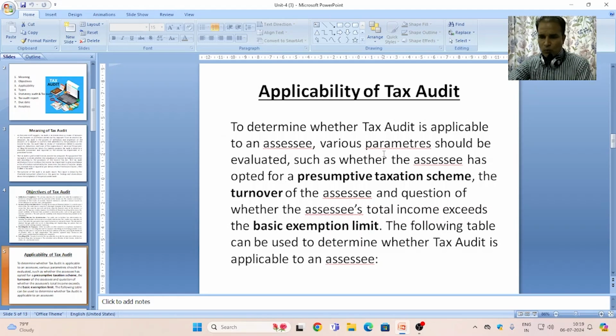So to analyze all these parameters, we will discuss a table in which there are various categories and the applicability of tax audit upon them.